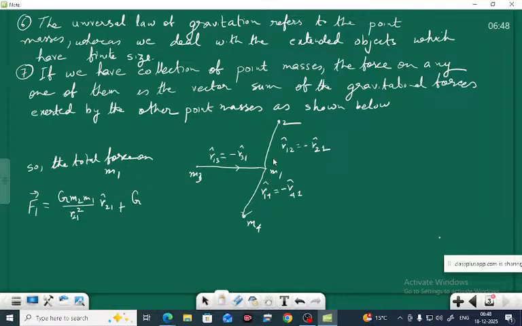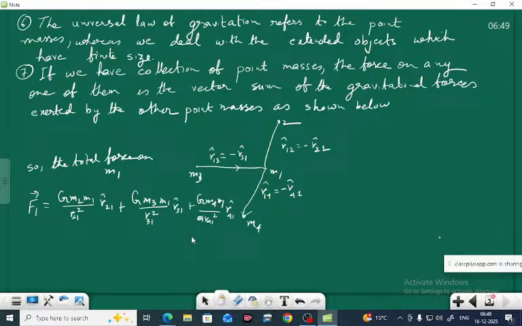This is between M2 and M1, and this is between M3 and M1. It is capital G M3 into M1 by R31 whole square, R unit vector 31, and it will also be written as plus, if it is M4, between M4 and M1, capital G into M4 M1 by R41 whole square and R41 unit vector. This is the sum.